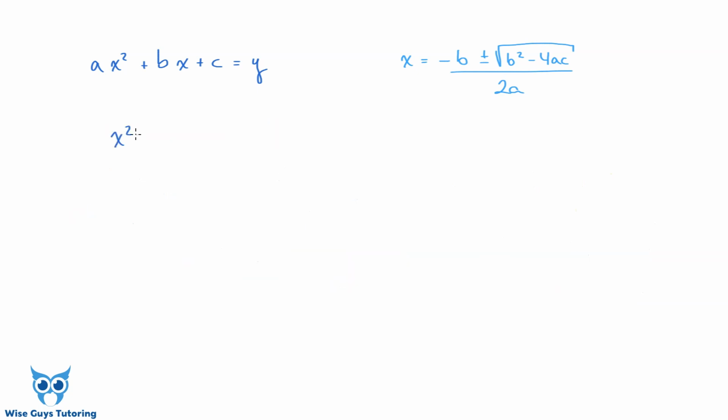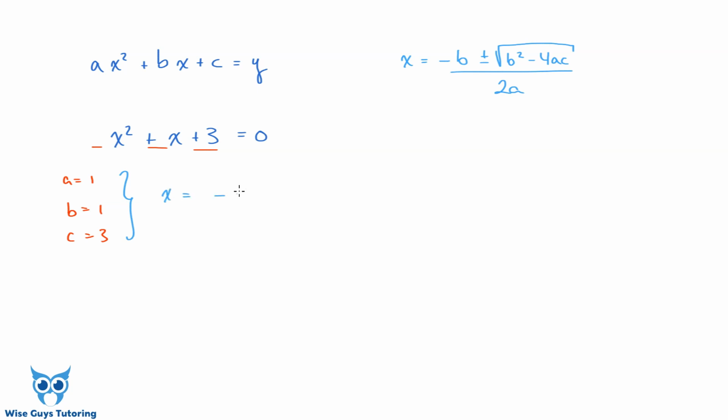Say we have x squared plus x plus 3, and this equals 0. Now we take our a equal to 1, our b equal to 1 as well, and our c is equal to 3 in this case. So let's pop them into that behemoth equation and see what's up.